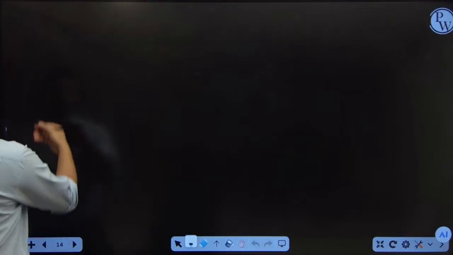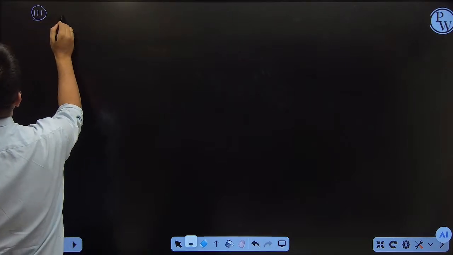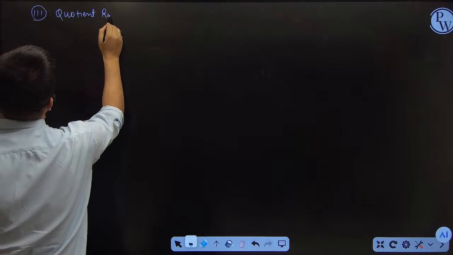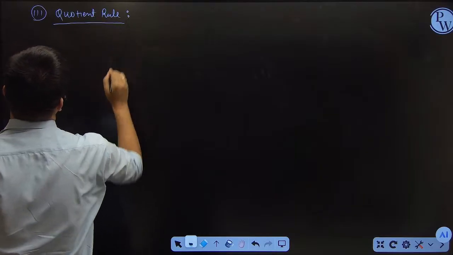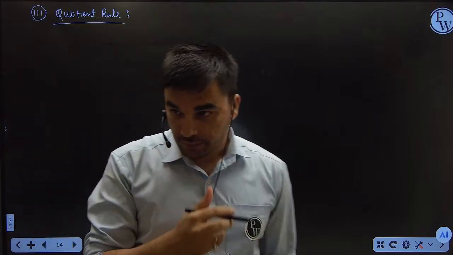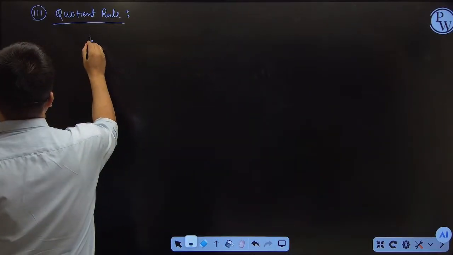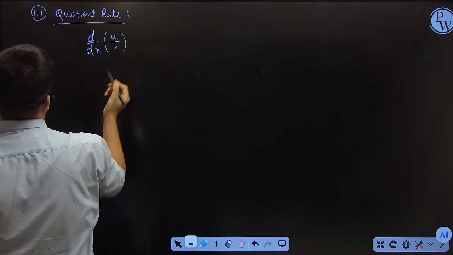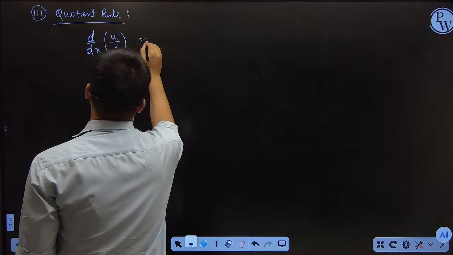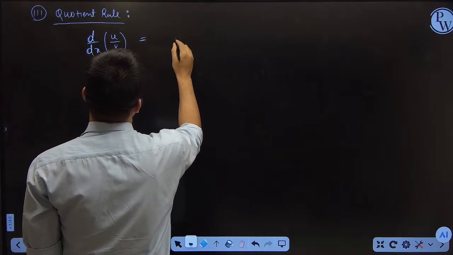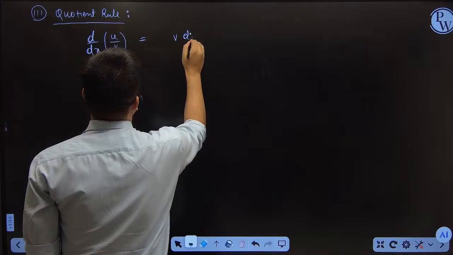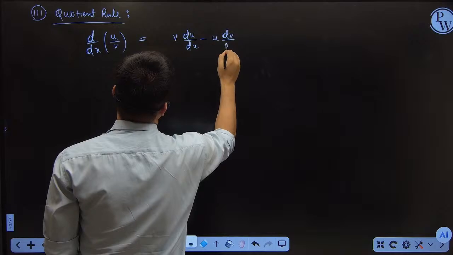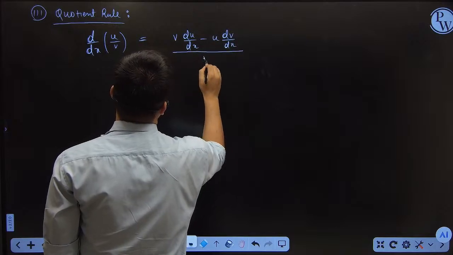Fine. Write on the next rule. Quotient rule. So now we are interested in calculating d dx of u upon v. So this will be given as v into du by dx minus u into dv by dx, whole divided by v square.